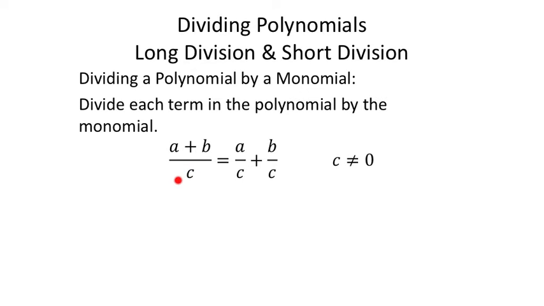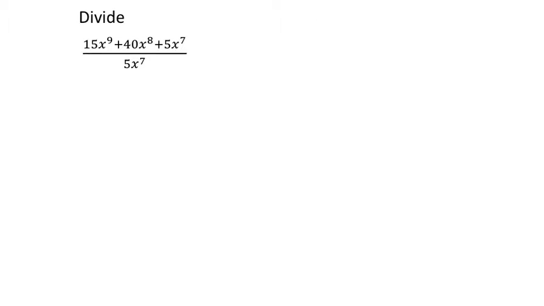But once the denominator is some kind of binomial or trinomial, which we shouldn't see. Binomials we will see though. But for this type, we're just looking at some kind of monomial in the denominator, like this one, okay?